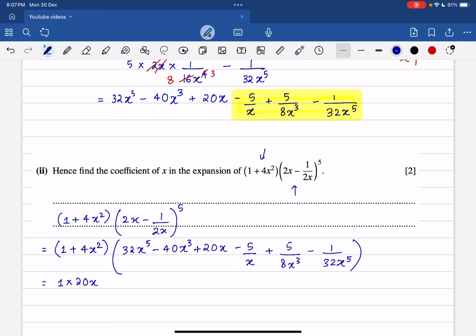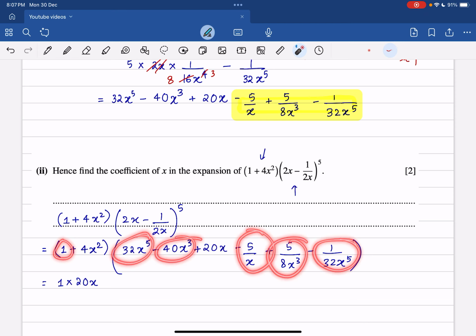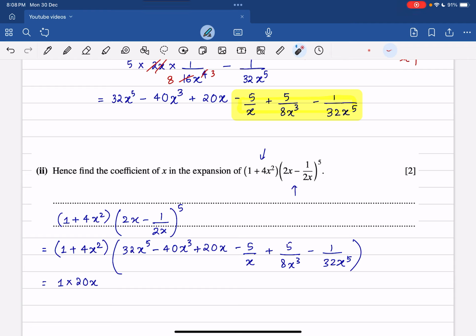Okay, cool. Moving on. If I multiply the 1 with any other term, none of them is going to give me anything that is x raised to 1. Which means that is the only multiplication that happens for 1 with any term inside the bracket, right? Moving on, this multiplication with which term will give me x?